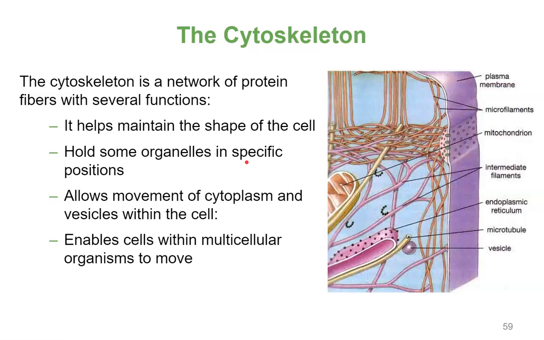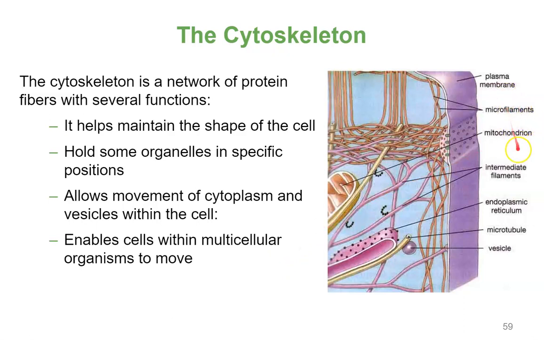It gives it a rigid structure, but it also helps hold organelles in place, and it allows movement within the cytoplasm, and it enables cells to have movement within like a multicellular organism, or if they're single-celled, it might be like part of the flagella or the cilia, and it allows them to move.